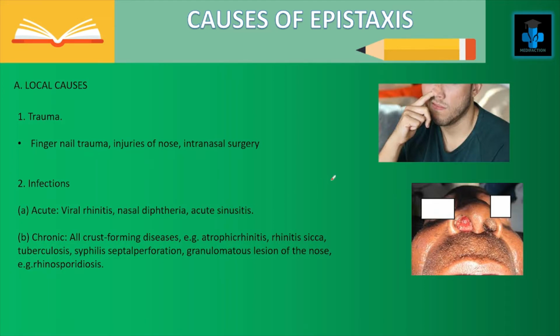In acute cases, it may be viral rhinitis, nasal diphtheria, and acute sinusitis. Whereas in chronic infections, there will be crust-forming diseases such as atrophic rhinitis, rhinitis sicca, tuberculosis, syphilis, septal perforation, and granulomatous lesions of the nose like rhinosporidiosis.